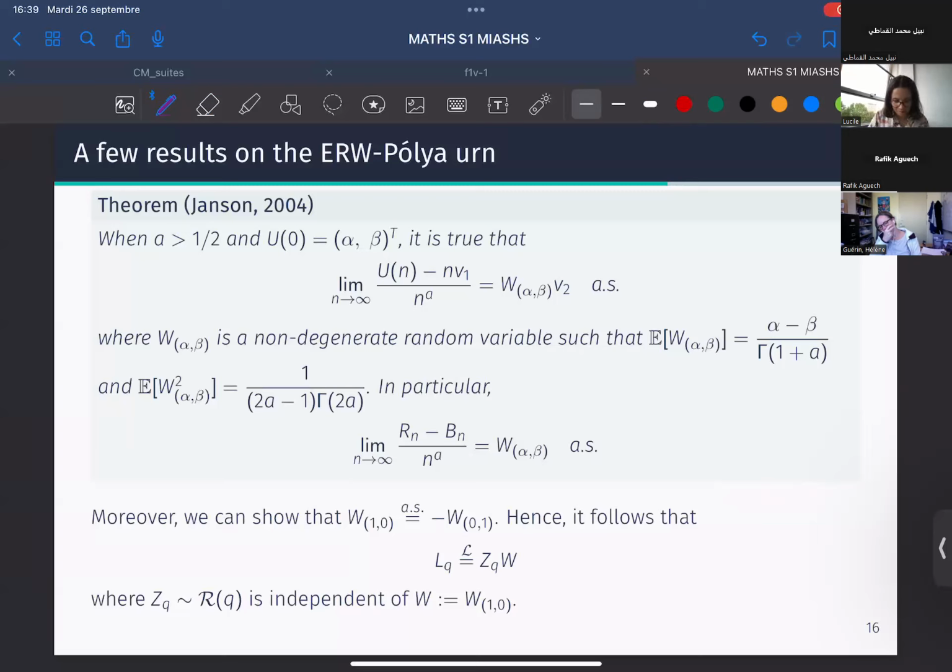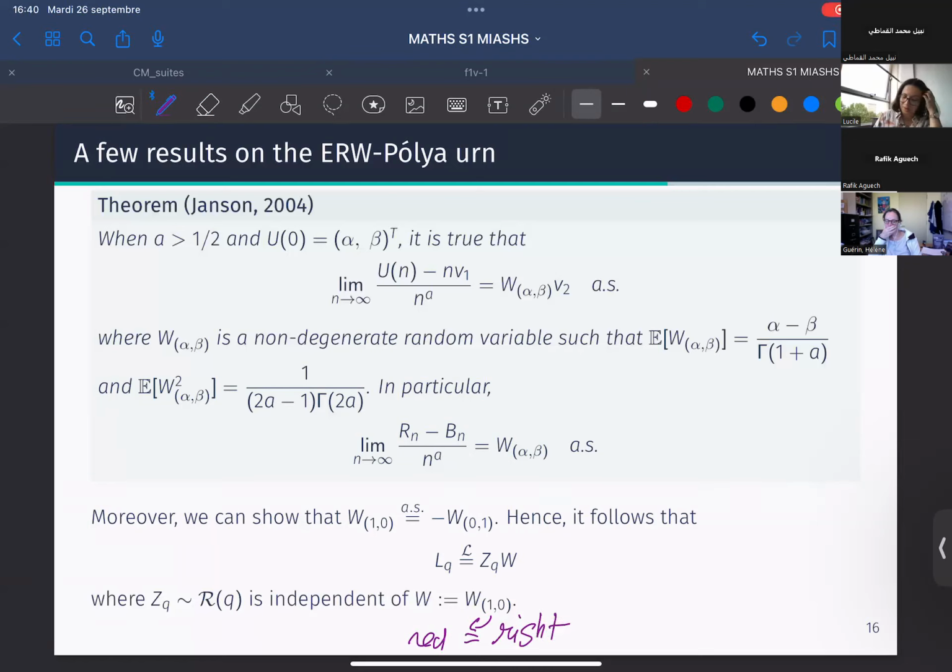So remember that this is almost L. The first thing that we can show is that the random variable L, on one side, says whether you went to the right or to the left with probability Q or minus Q, and on the other side says that you went to the right at first, because W is the random variable when started from one red ball, and red is going to the right.